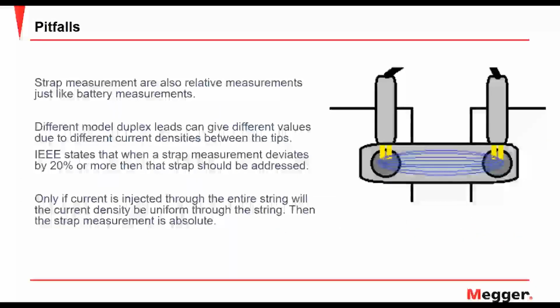Another pitfall, if you are doing strap resistance measurement, whenever you are using duplex leads, these leads which have the voltage and the current probe attached to each other or near each other, one will inject current and the other will measure voltage. Whenever I'm doing this, it's going to be a relative measurement, not an absolute one, because I don't have a uniform current density going through the strap.